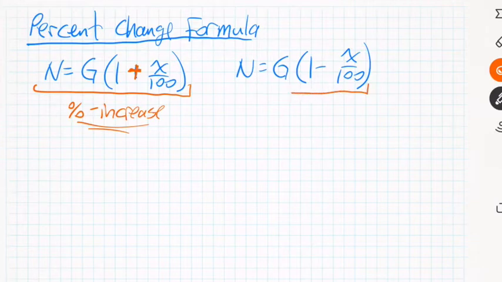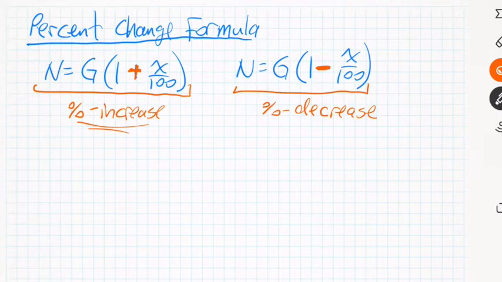This one over here is a percent decrease, and therefore we're representing it by a negative percentage. So if you're dealing with a percent increase, you want to make sure that it's 1 plus x over 100. And if you know your numbers are going down or decreasing, then it's 1 minus x over 100.